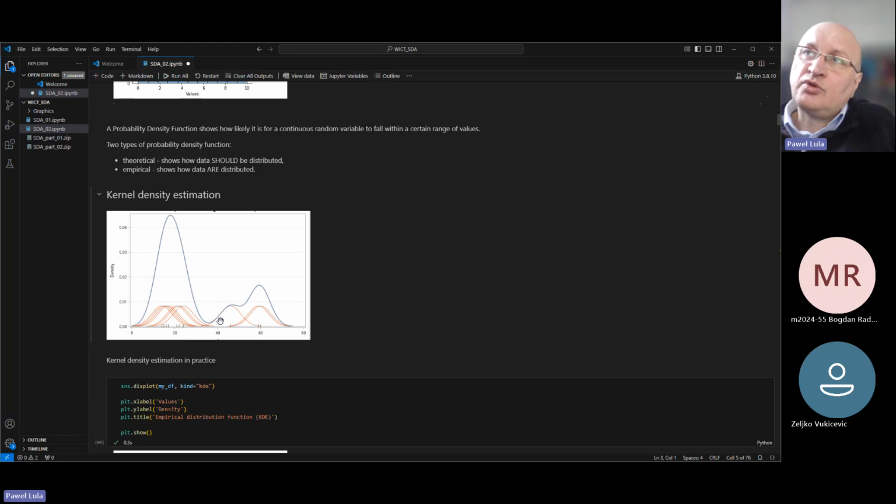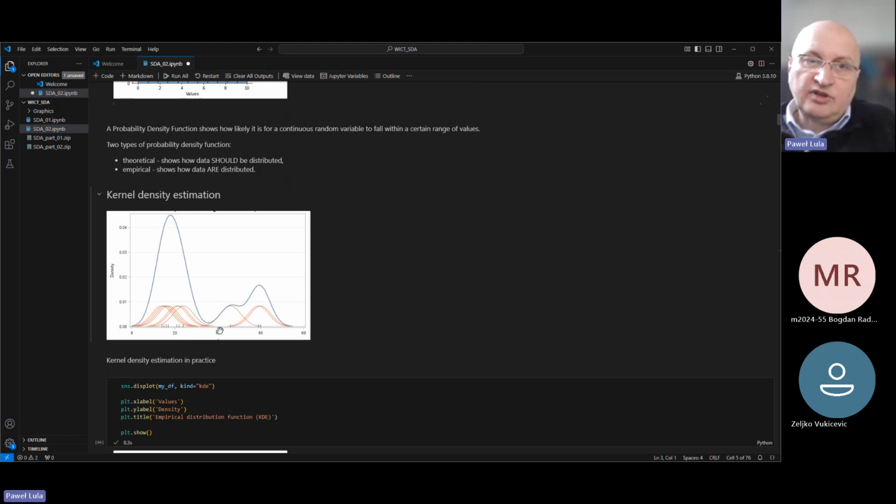We should draw these vertical lines here and calculate the area under this blue curve in this range from 20 to 40. It is the way in which we should interpret the probability density function.